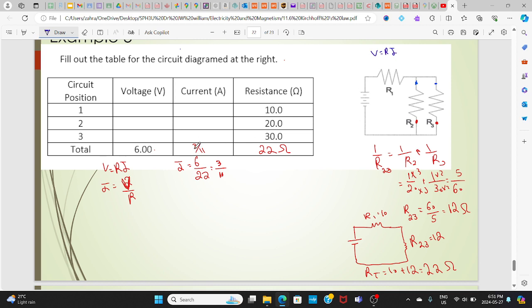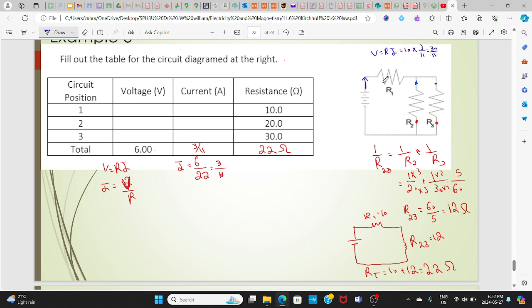Of course I have, because the total I is the I passing through this. The total I, 3 over 11, is passing through this one, the same thing. And I do have R1. My R1 is 10. So 10 multiplied by the current 3 over 11 is going to be 30 over 11.